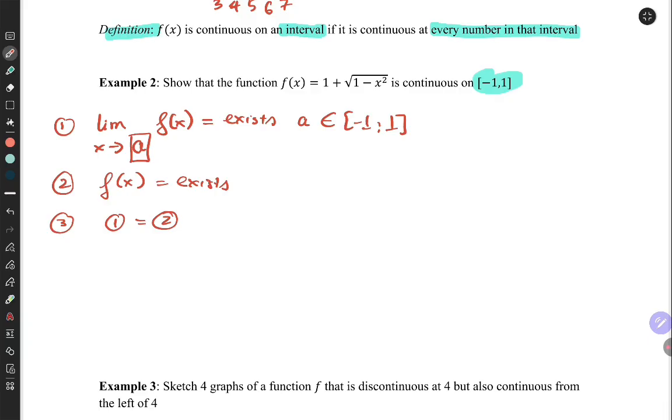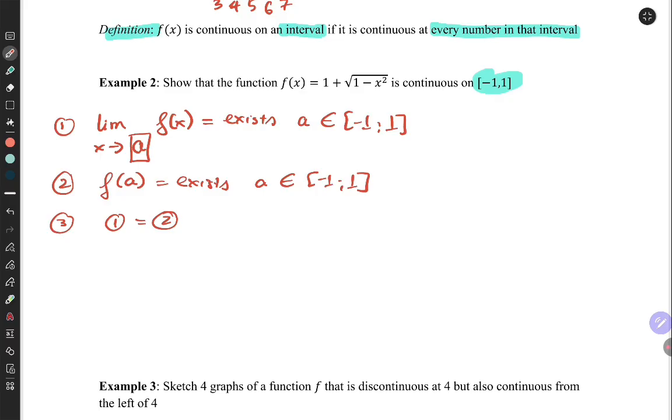In the last example, it was f of 3 or f of 7. But this time it's f of a, also between negative 1 and 1. Find both of them. If they equal each other, then you have continuity on the whole interval.